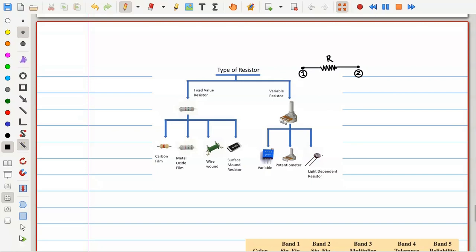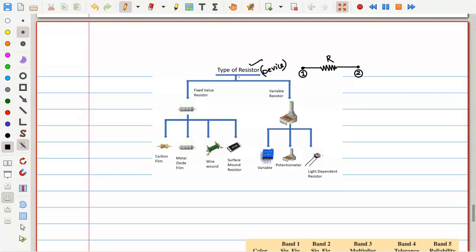Remember that a resistor is a device which offers the resistance. Resistance opposes the flow of current. These terminologies should be clear for everybody.